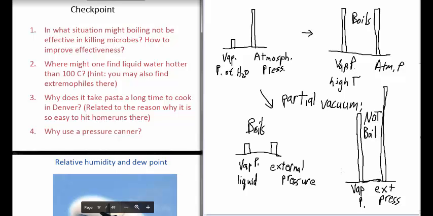So I've heard of way down in the ocean and hydrothermal vents where you can have water as hot as about 300 degrees, and it's still not boiling. You still have liquid water at 300 degrees because the pressure is so high.